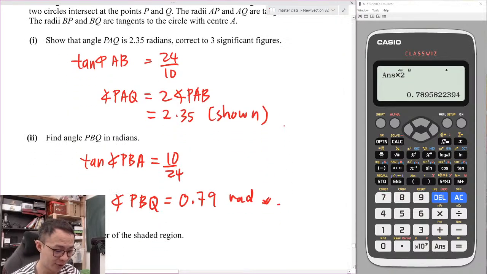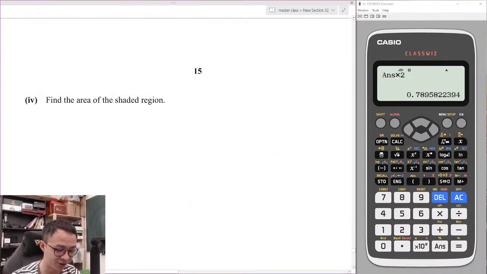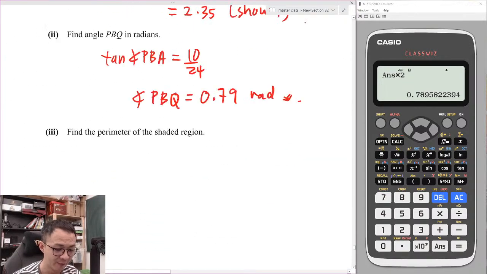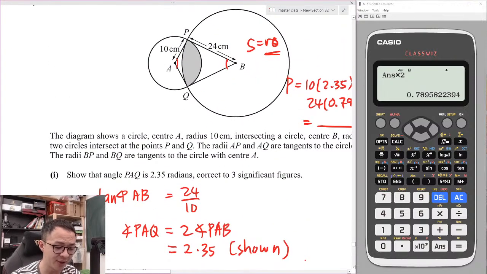Lastly, it's the area of the shaded region. How many marks? 4 marks. The area of the shaded region is basically 2 triangles added together, and then you need to minus. You have both areas of segment.